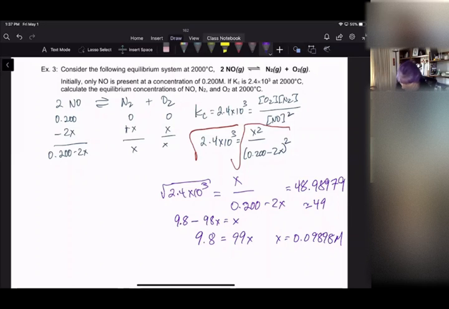All right, so then we'll go back in and fill in our table with those equilibrium concentrations. Initial, change, equilibrium, and then these are our final concentrations.